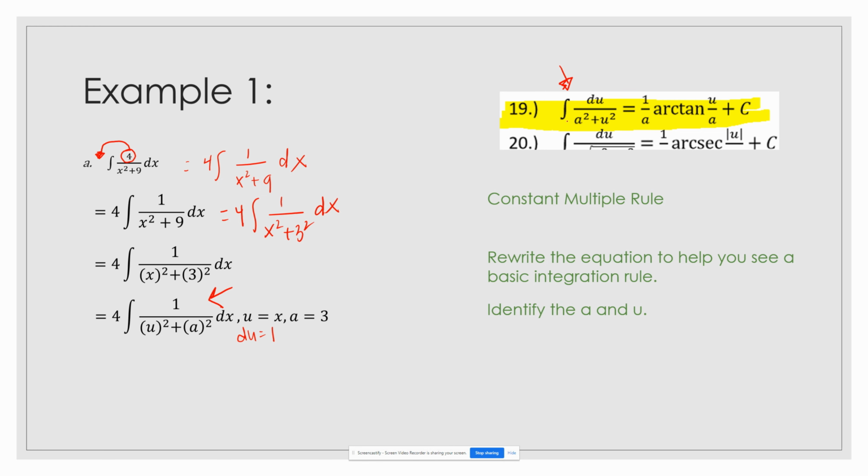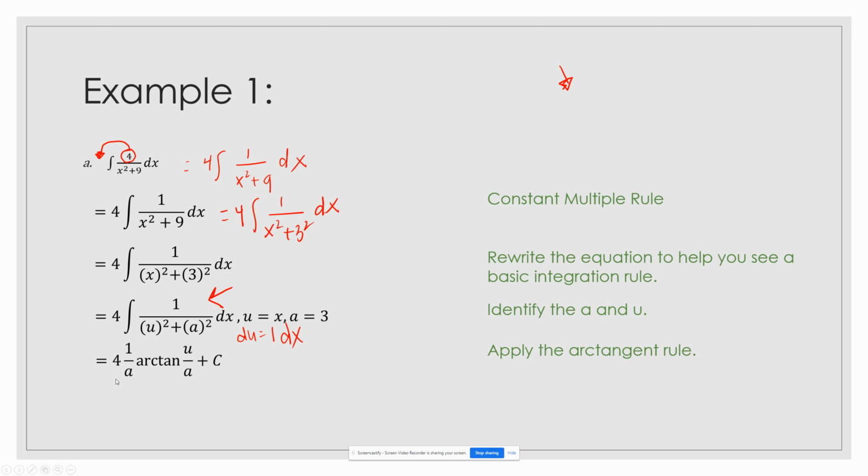And then we have a squared plus u squared in our denominator. And this dx is actually a part of du. So we're going to apply this arctangent rule. And what it says is that when we take the integral of du over a squared plus u squared, we get 1 over a times arctangent of u over a plus c.